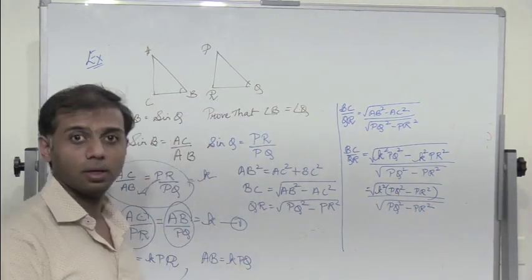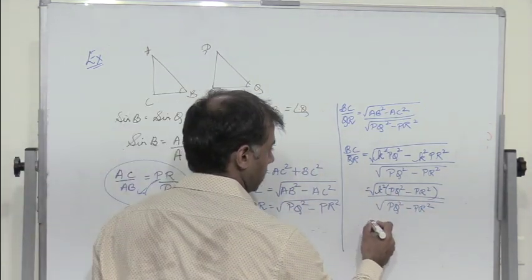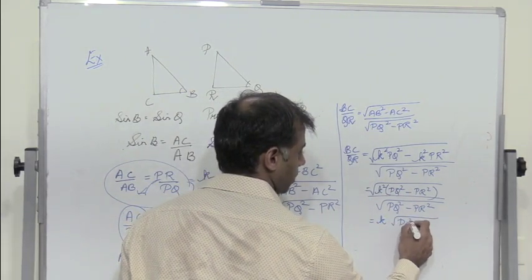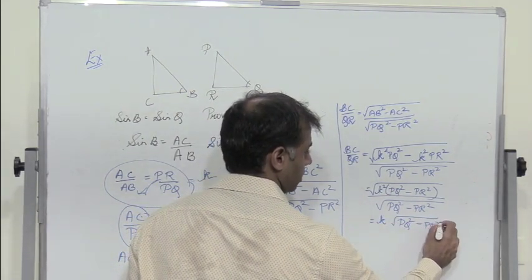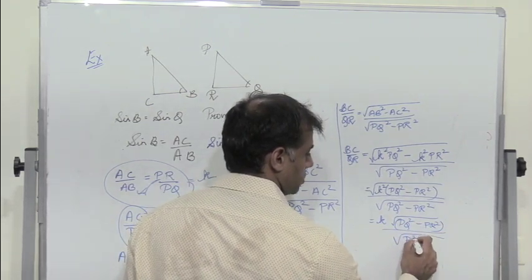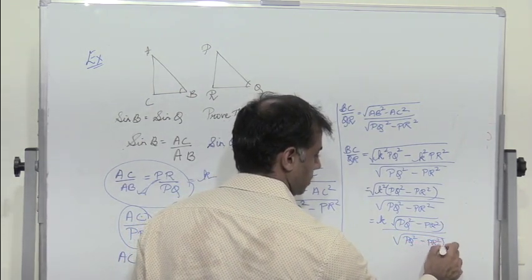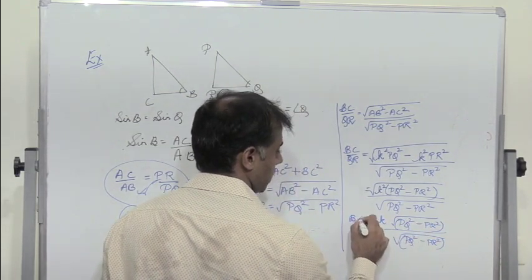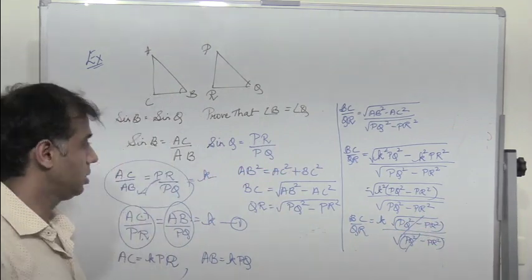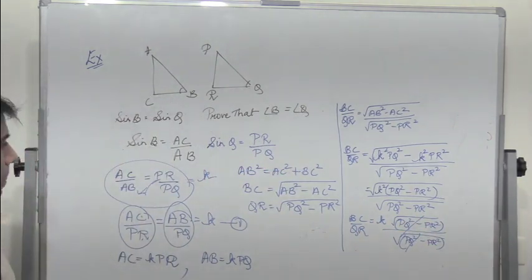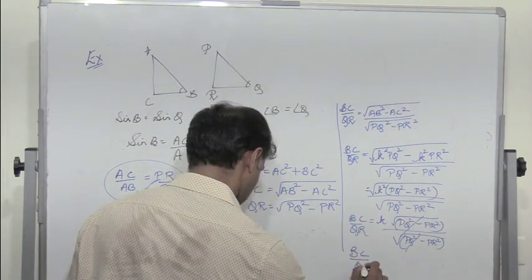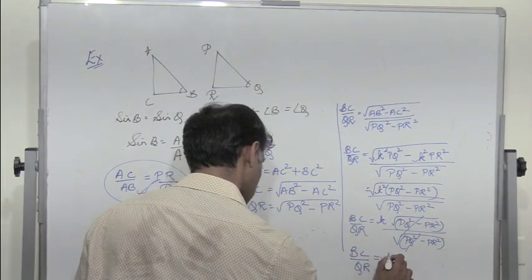So taking K square outside the root, I will get K root of PQ square minus PR square divided by root of PQ square minus PR square, which is BC by QR. So these two can be cancelled, so it is equal to K. So BC by QR is also equal to K.